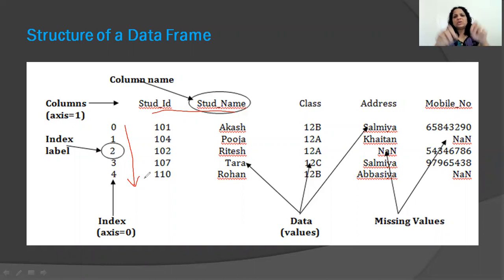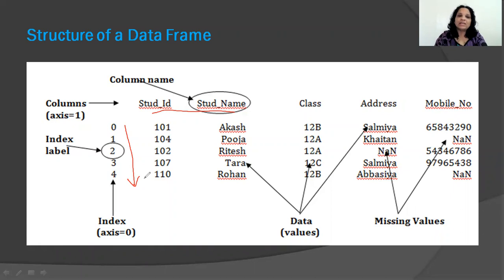And whatever you see within the structure is the data or the value. Now, can you see that in some places I have written NaN? We know what NaN stands for. NaN stands for absence of a value or not a number. So if you do not have a value in a certain column at a certain location, then that is going to be represented by NaN.